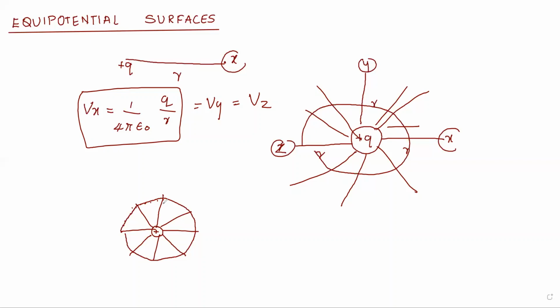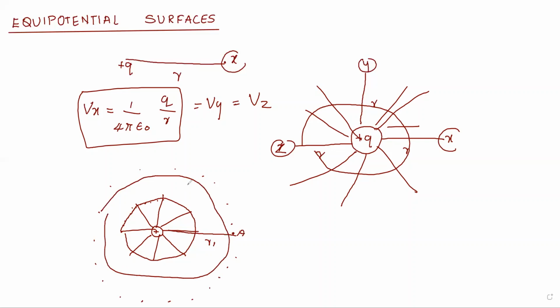And if I assume one more point A, which is at a distance r1 from plus q, and similarly if I consider n number of points which are at a distance of r1 from this same charge plus q, and join them, I'll get one more circle.